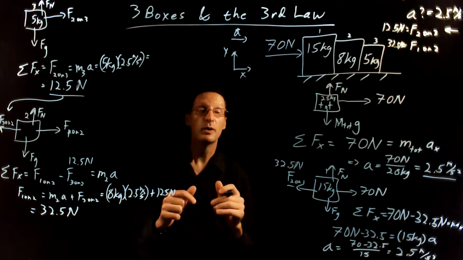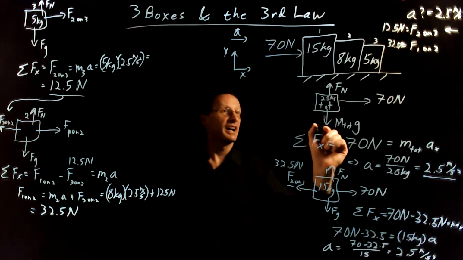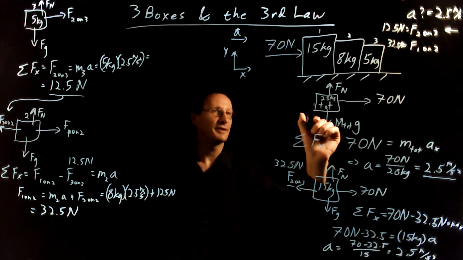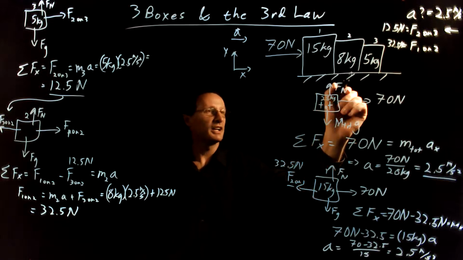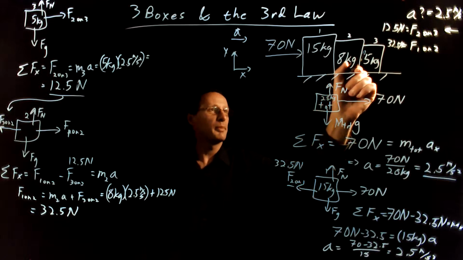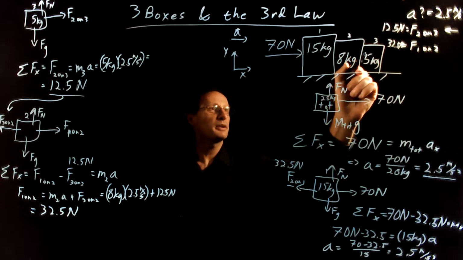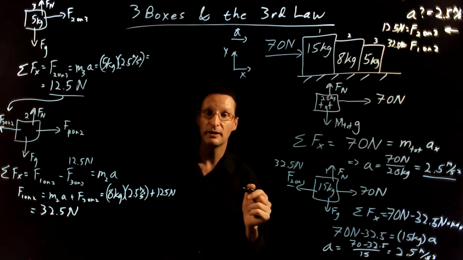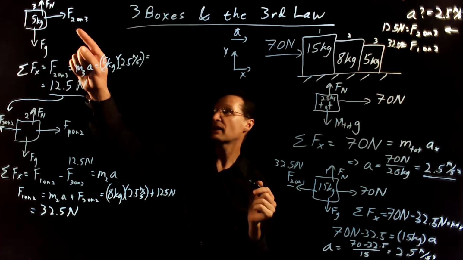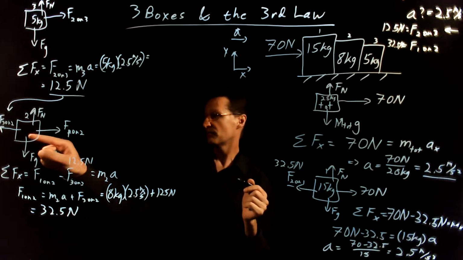Okay, so let me just recap here because there's a lot going on. First of all, the forces that box 3 feels from 2, 3 then pushes back on 2 with an equal and opposite force, and we use that over here and here.